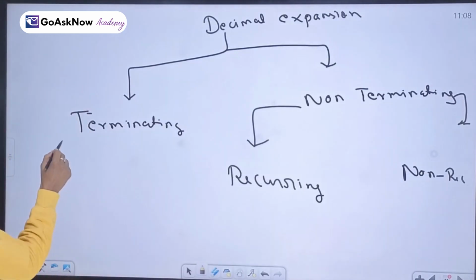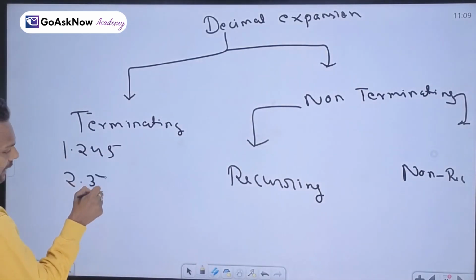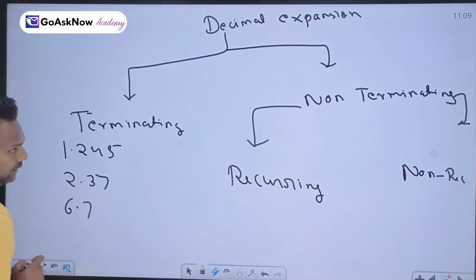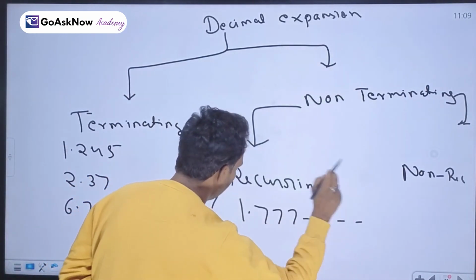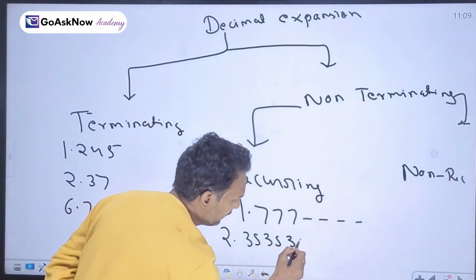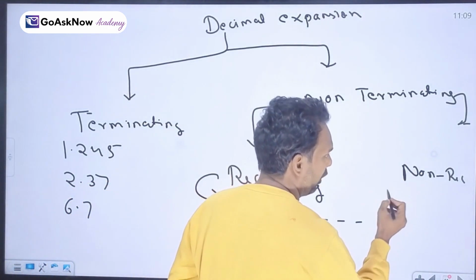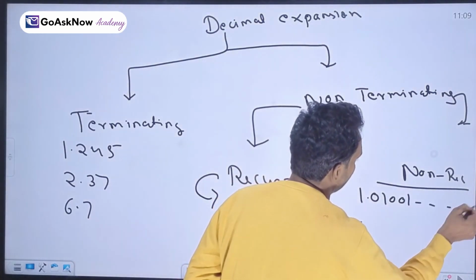So a few examples are 1.245, 2.37, 6.7. In recurring we can write 1.77777, 2.35, 35, 35, and non-recurring, that's 1.01001 and so on.